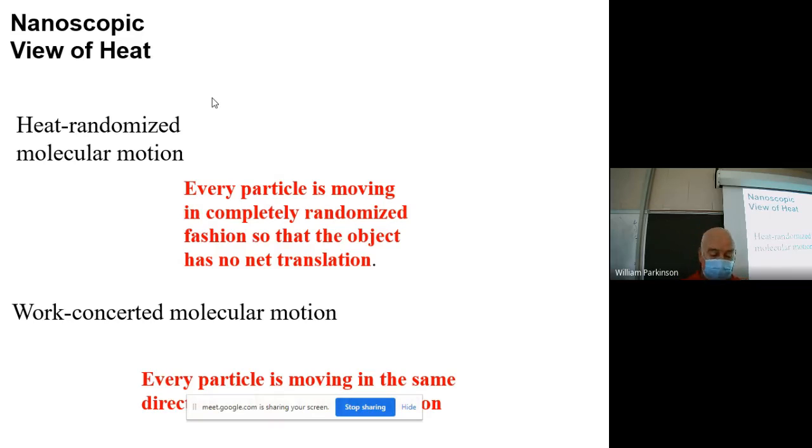If you could nanoscopically look at the matter, you would note that for every atom moving up and down, there's one moving left and right, there's one moving horizontally in the other direction, there's one moving diagonally in the other, in both diagonal directions. So all directions of motion are manifested in this matter. And when we do that to matter, we are depositing energy in the form of heat into the matter.